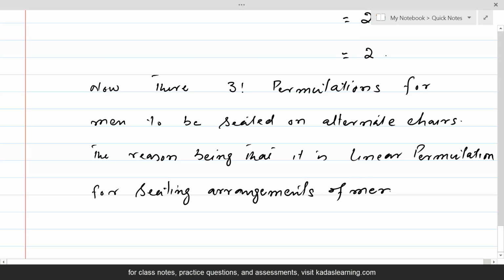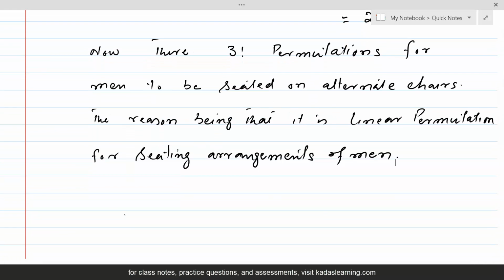Because if men were to change their position by 1 chair, actually it wouldn't be by 1 chair, they would be switching over 2 chairs, and those arrangements will be a new permutation. Those alternate arrangements will not be the same kind of arrangements. That's why this permutation will become linear now.